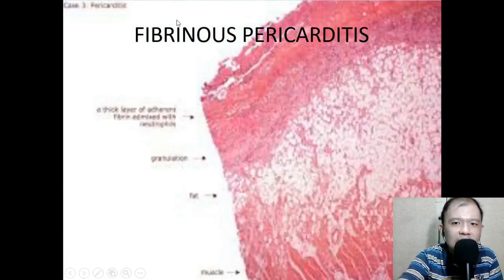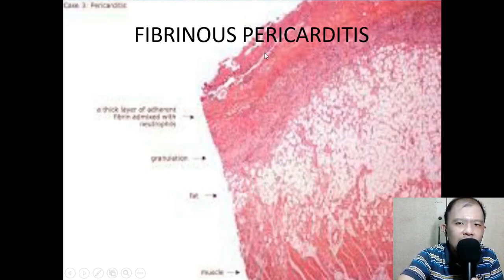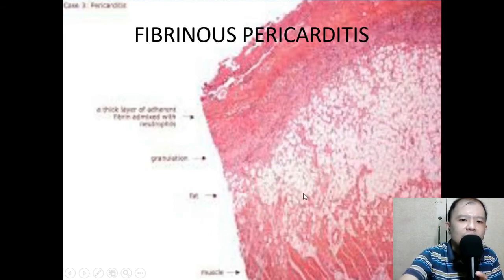So in the longitudinal section of the heart, you see layers. You see first the epicardium here, and you see fibrin covering the epicardium, and below that you have the epicardial fat, and next is the myocardium.